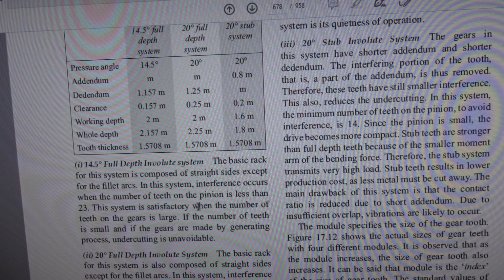This system is satisfactory when the number of teeth of the gear is large. If the number of teeth is small, and if the gears are made by a generating process, undercutting is unavoidable. So interference occurs when the number of teeth becomes less, in the 14.5 degree full depth system.